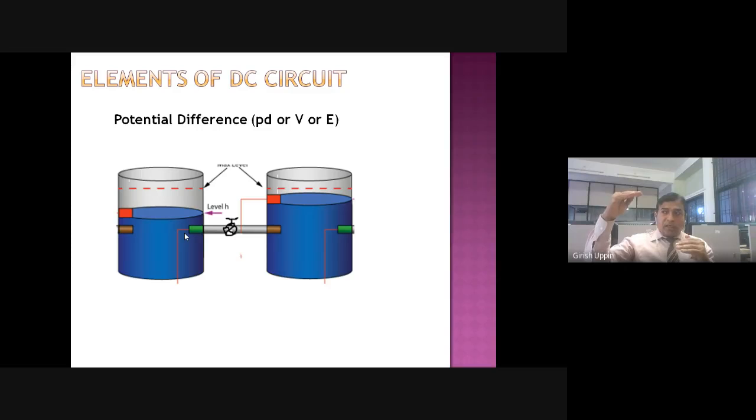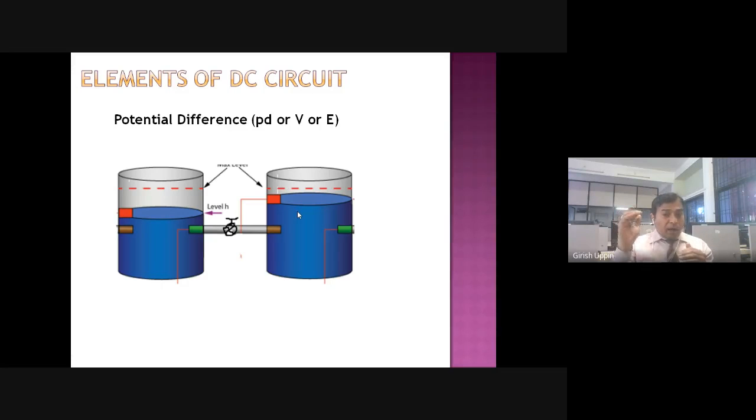So that is the reason the water will start flowing from tank B to tank A until both levels are the same. What is the meaning of both levels being the same? Now both the tanks are at the same potential. Then you do not see any flow of water. The flow of water happens only when there is a difference in the potential.